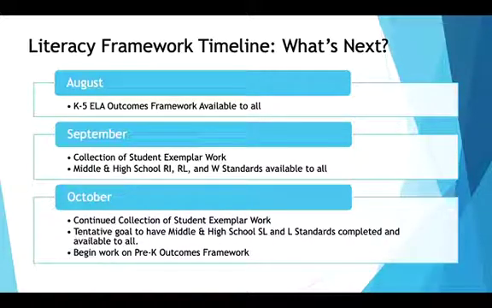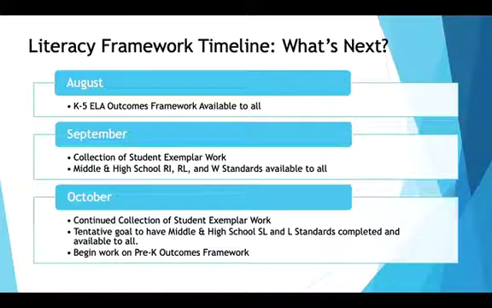In August, the K-5 ELA Outcomes Framework will become available to all over the next couple weeks. As we enter into September, we'll be collecting student exemplar work to start to fill out that section in the K-5 framework. We also will be rolling out the middle and high school RI, RL, and writing standards.